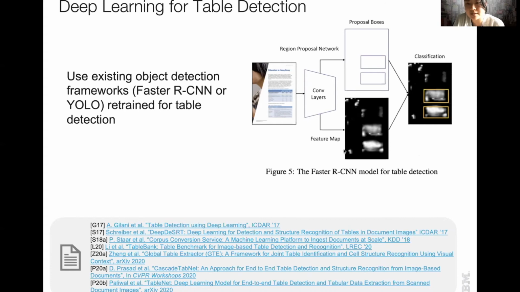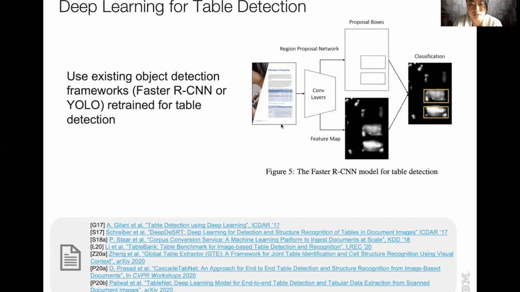And there can be additional post-processing as well, depending on the work. And I've tried to list as many as I could of the recent methods that use a variant of this in one way or another, but each one does have a little bit of a spin on the generic Faster R-CNN or YOLO, so I highly encourage you to check those out if you're interested.